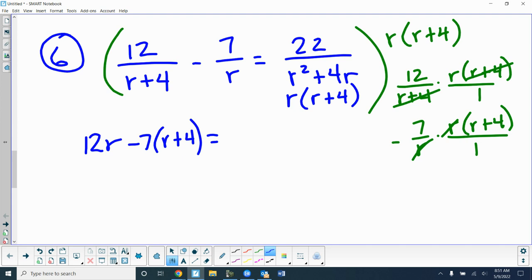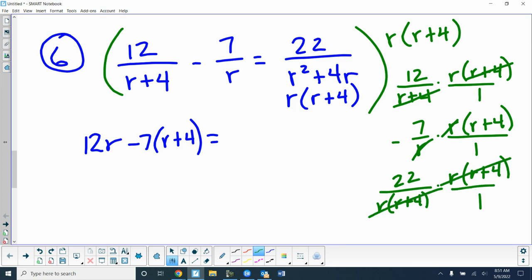Okay? When I multiply 22 over r times r plus 4 times r plus 4, everything cancels, it's just 22. Questions? That's why we do that, so we get rid of those fractions.